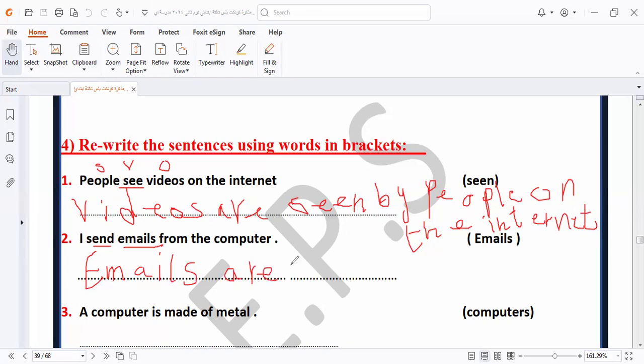Emails are sent by me from the computer.